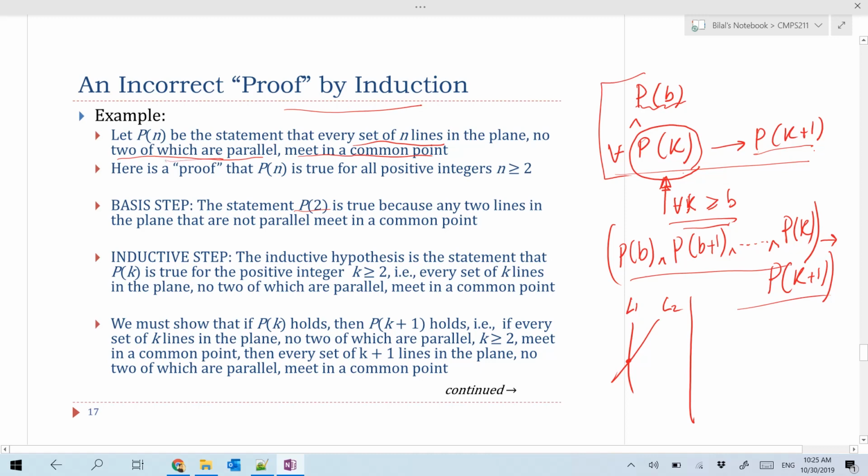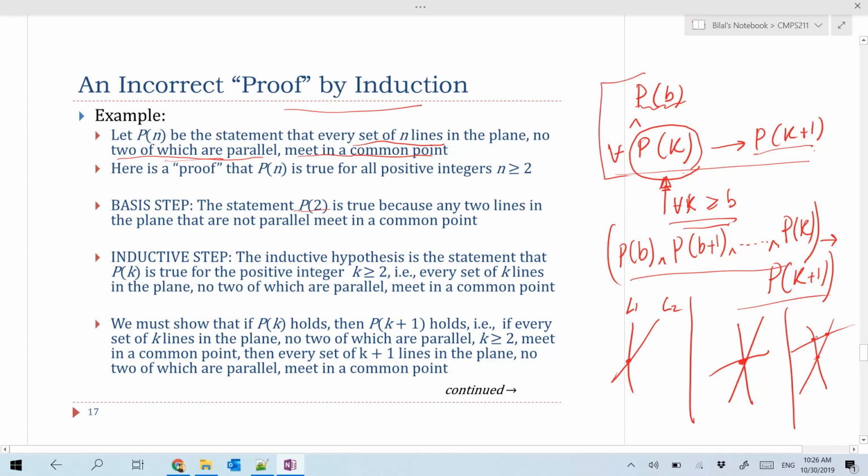Okay, what if we have three lines? Actually, this is not really true. Sometimes the three lines meet in a certain common point, but sometimes, if we have these two lines, the third line is missing this common point. They will have three different points, each common to one pair of lines.